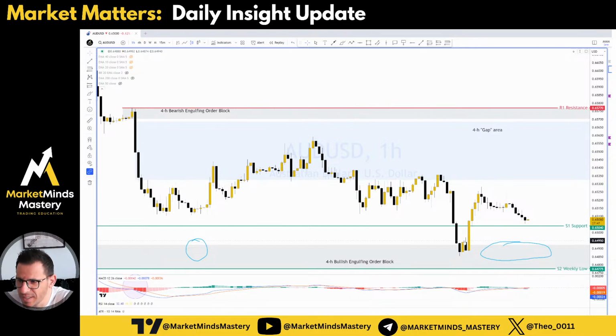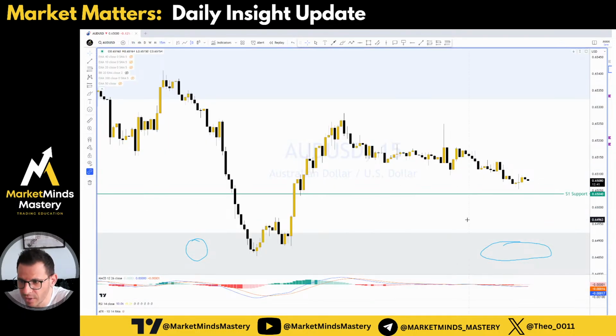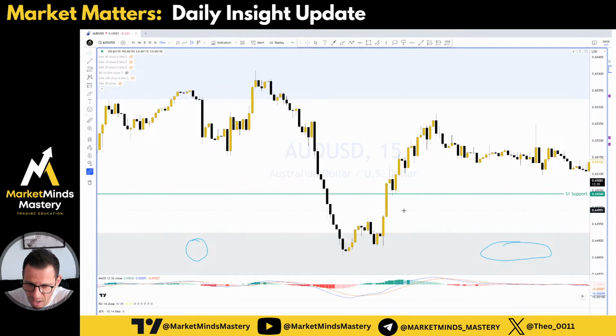For me, I didn't see anything very obvious to initiate any trade, neither on the hourly, neither on the 15-minute chart. So I didn't enter into any trade, but the market was very clear at this point, it created this bearish engulfing order block on the 15-minute chart.